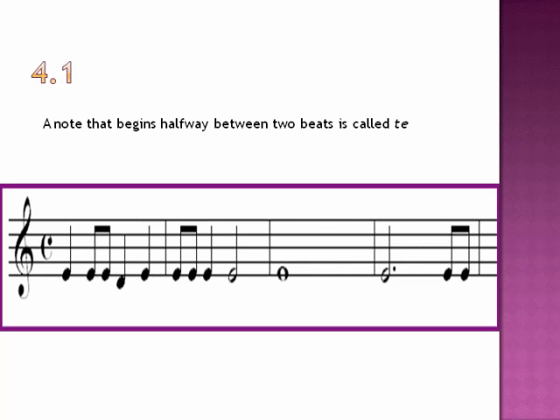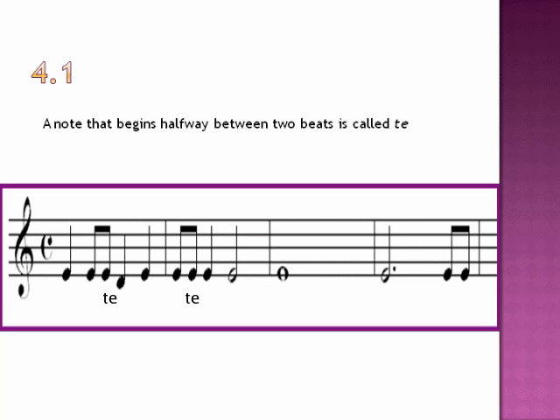So if you have 2 eighth notes grouped together, the second one of those is the second half of the beat. So in that system, the second half of the beat is called te. So I know that I'm going to use te to count that right off the bat. That's the second half of the beat right there.